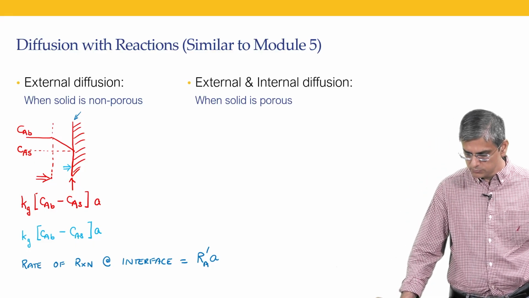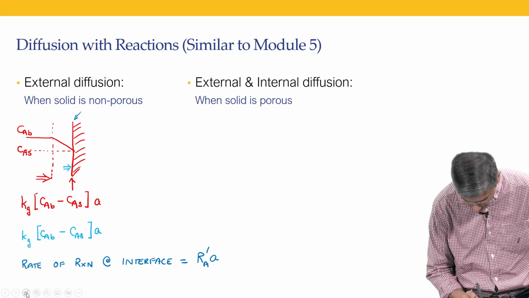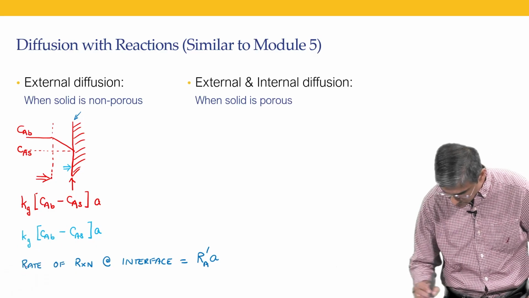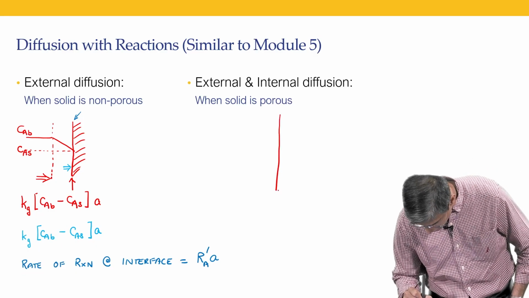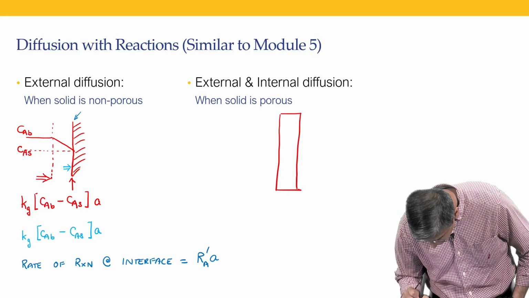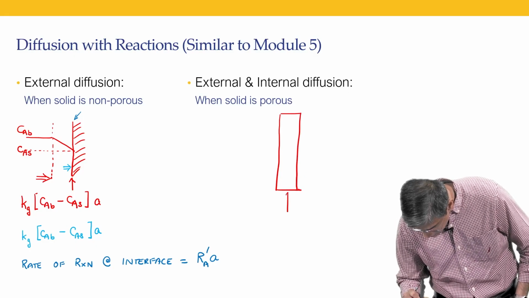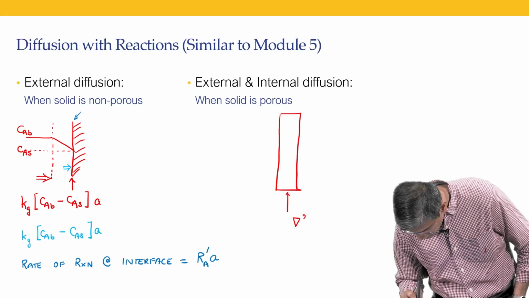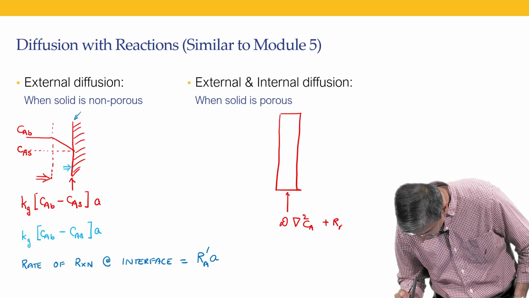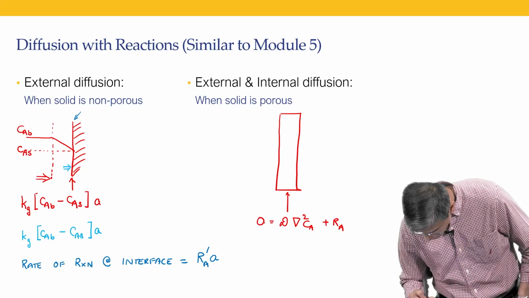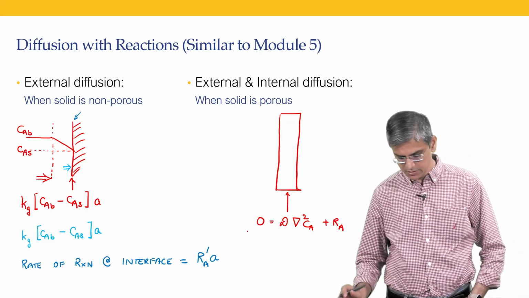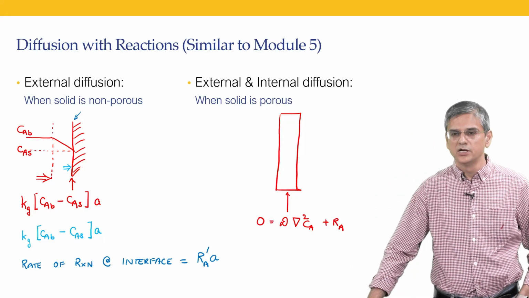Okay. What happens when you have only internal diffusion? When you have only internal diffusion, in this we are going to get zero equal to D del square CA plus RA. Okay.